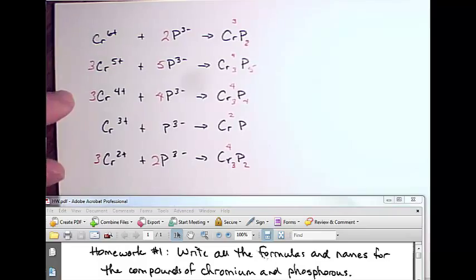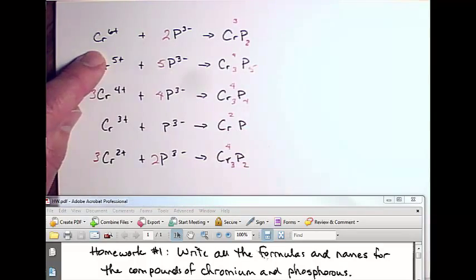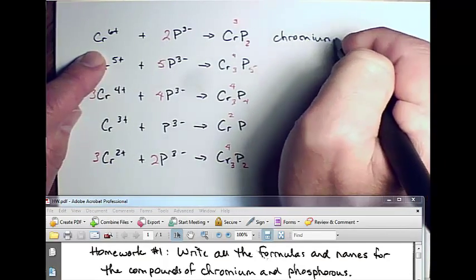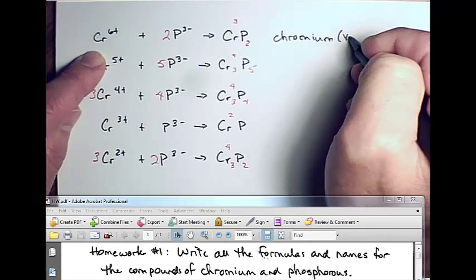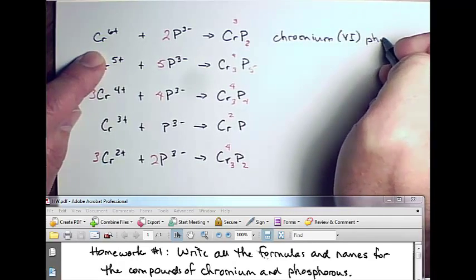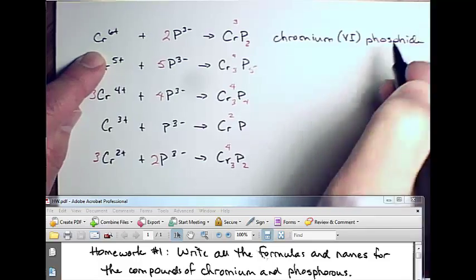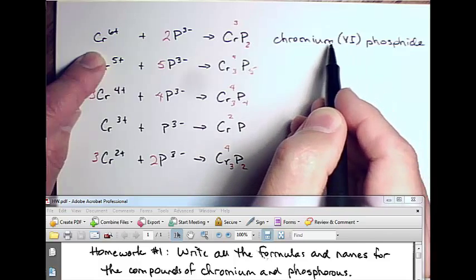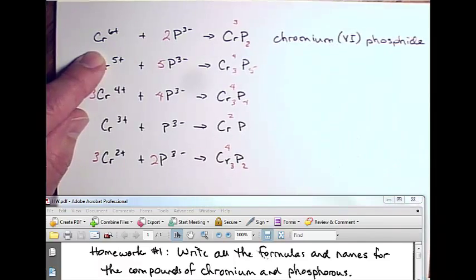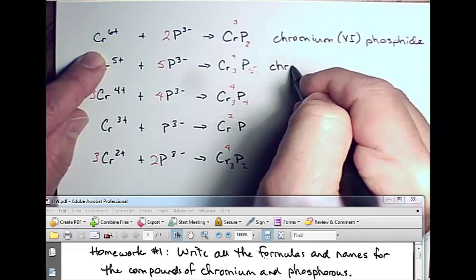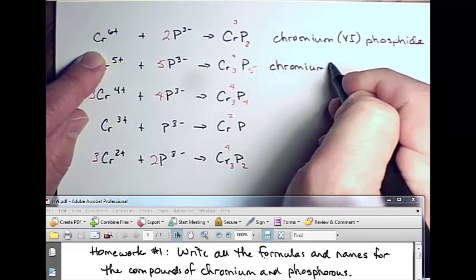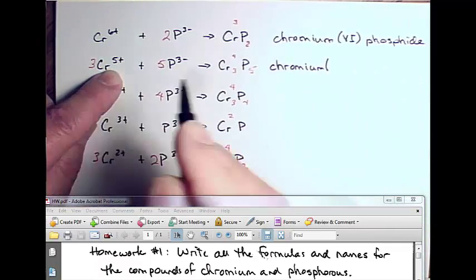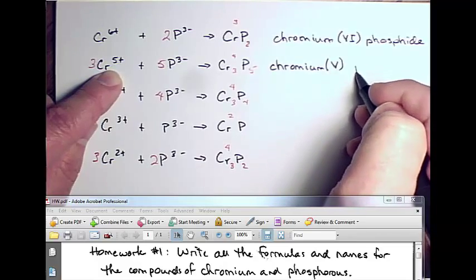Alright, for the names then, this is chromium(VI) phosphide. There should be no space here, but there should be a space here. I really should have moved that up a little closer to that M on this. I will do that on this one. So there's no space here. This is chromium(V) because of the 5 plus charge on the chromium, phosphide.